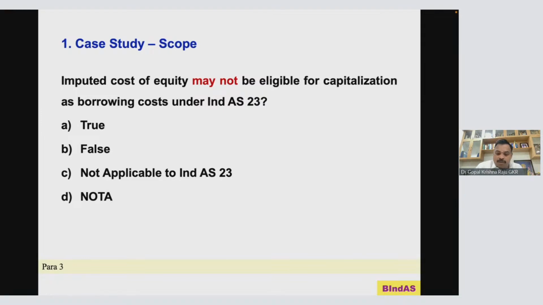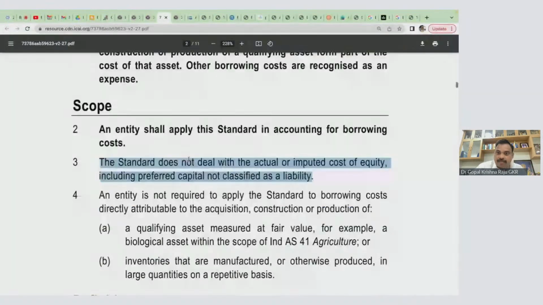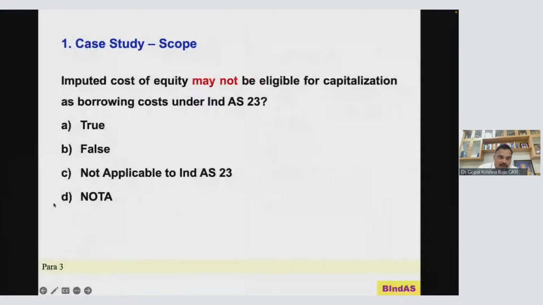Equity, is it free of cost? No, it has a cost. The imputed cost of equity is costlier than debt capital, because the entire return belongs to them. Risk is there. Higher the risk, higher the return. That is why I am taking you to this particular paragraph. It does not deal with cost of equity. So not applicable to IndAS 23. So this is one part.